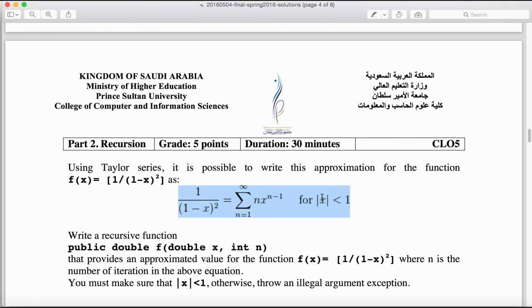From the math expression, you have to find the base case and the general case, which is already in the equation, and then write your recursive function. Usually it's two or three lines of code, no more than this. Quite simple. Now we have at least three examples on recursion, which is going to be very useful for you to grasp this concept. Any questions? Okay, that's all for today.